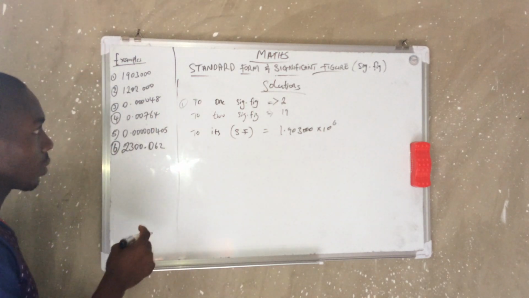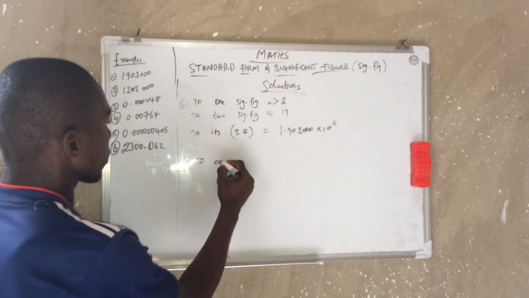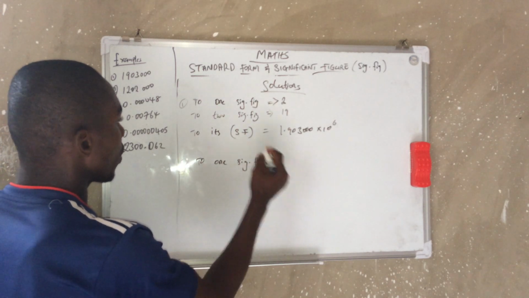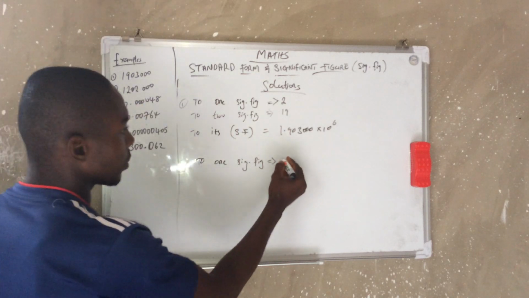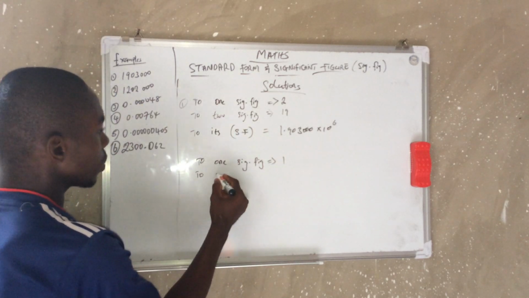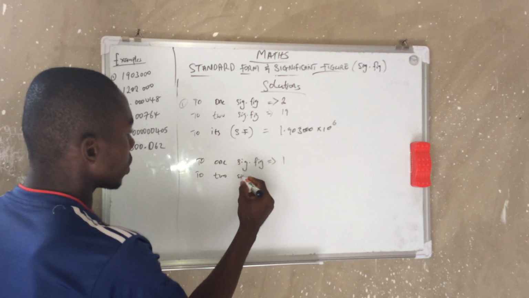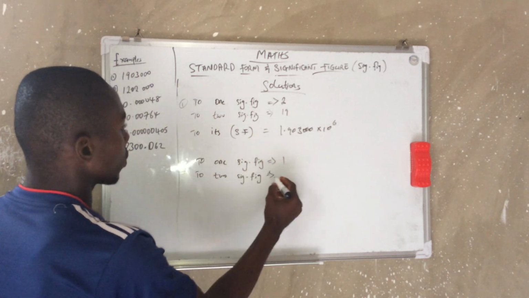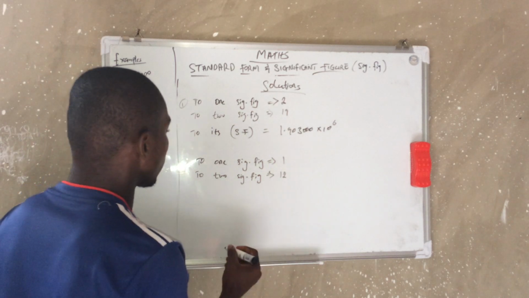Number 2, to 1 sig fig, we have what? 1. To 2 sig fig, we have what? 1, 1, 2.